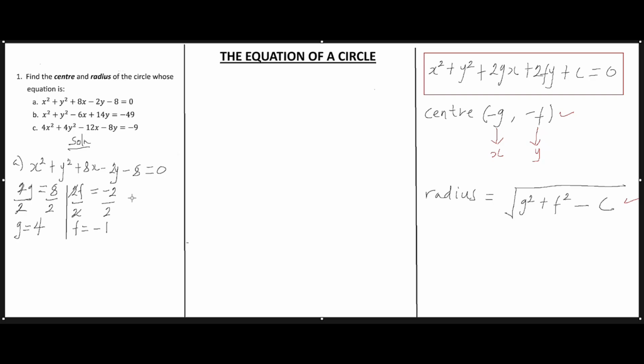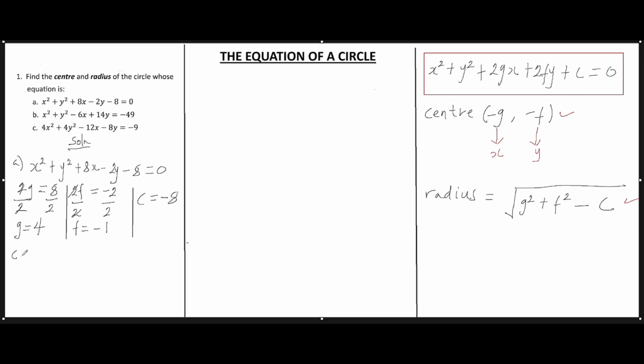And then finally, we are to find our constant term. In the general equation of a circle, the constant term is represented as c. And the constant term in circle A is minus 8. So now all is set. We have our g, we have our f, we have our c.